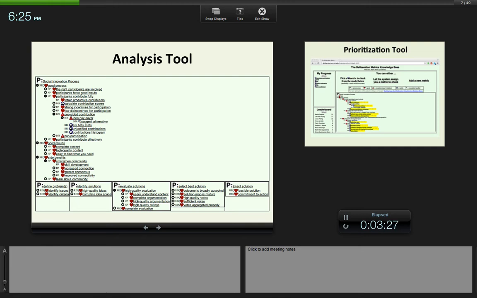In order to enable this, we developed an online analysis tool which allows users to enter the process steps, goals, exceptions, and associated metrics. This was used to capture a large knowledge base of relevant metrics for crowd-scale deliberation.